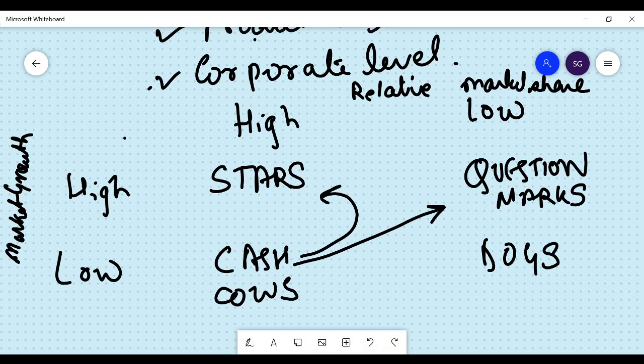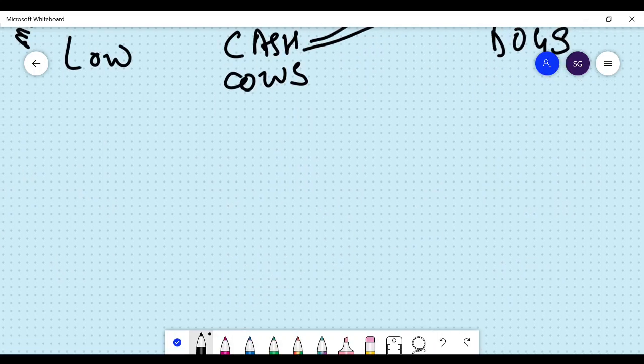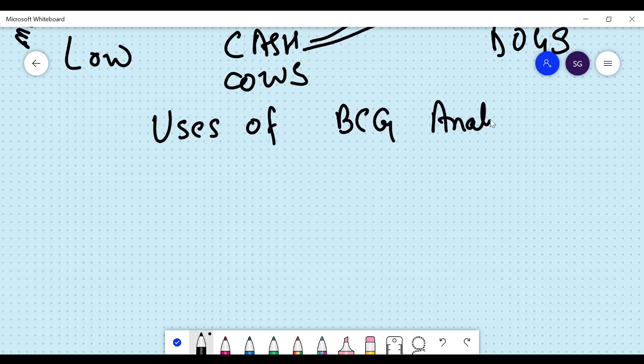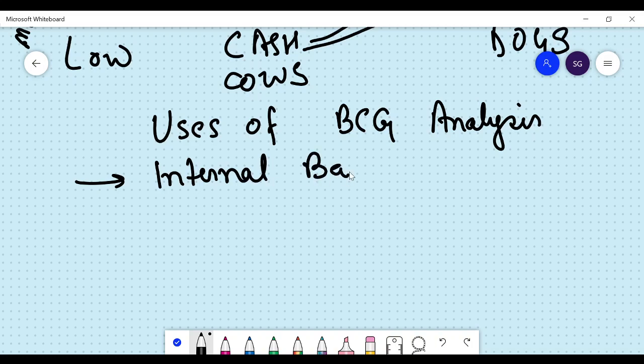Next point is connected with this topic itself, which is uses of BCG analysis. Internal balance. It helps to assess trends.